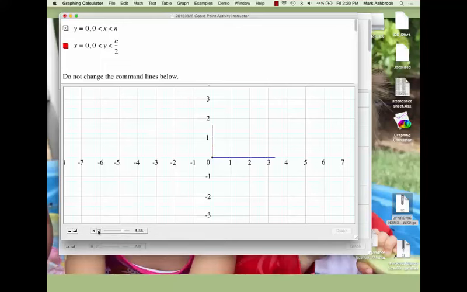At the level we're at here, you're going to have to do new command lines. Leave the ones you've got.